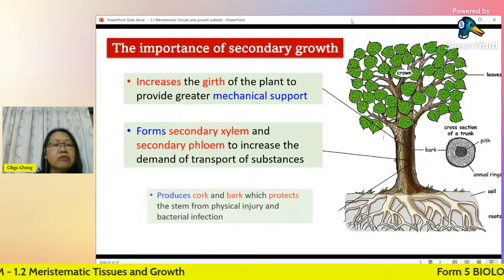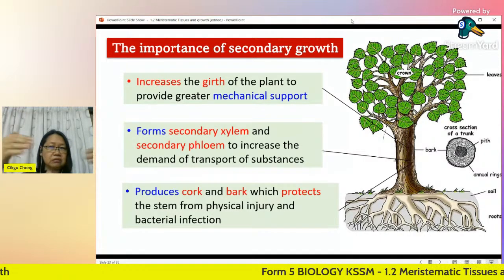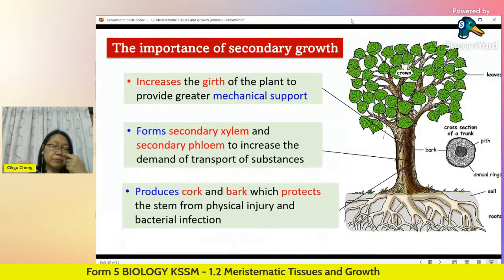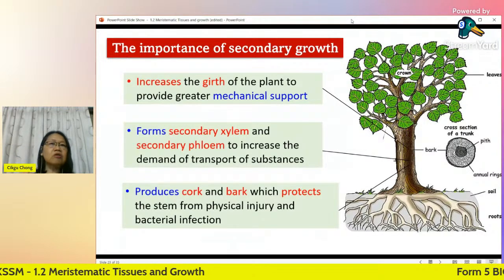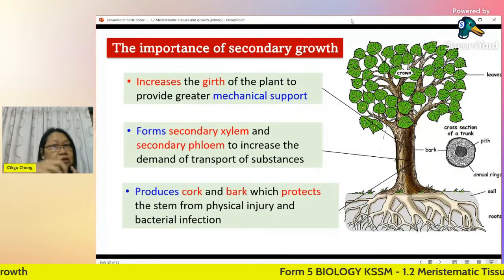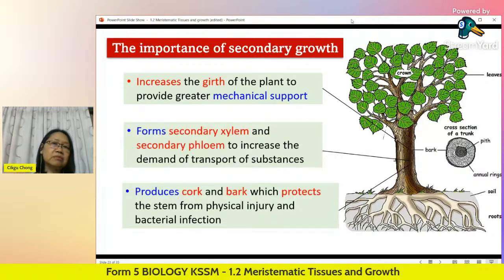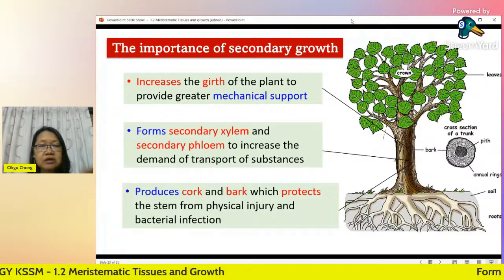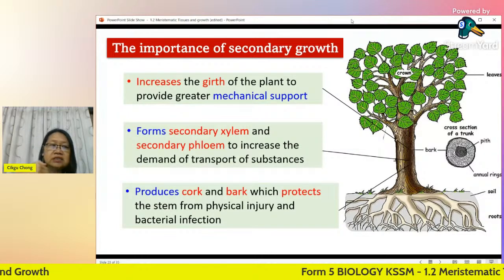Okay, next. And one more, it produces cork and bark. Just below the epidermis, you have this cork. Now this is important as it serves as a layer of protection actually. Cork is waterproof. That's why cork is used for champagne bottles, because it's waterproof enough. And it is able to protect the plant from entry of pathogens or bacteria because the bark will sometimes crack because of the pressure as it pushes outward.